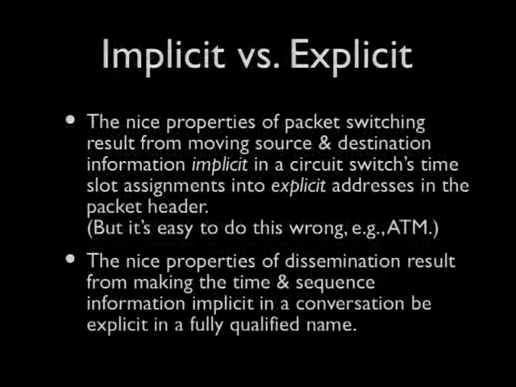That's kind of a general statement. If you look at the big advance that packet switching made over circuit switching, there's a lot of information that's completely implicit in a circuit system. The time slots that each piece of data goes through are never known by the data. The destination of the data is never known by the data.